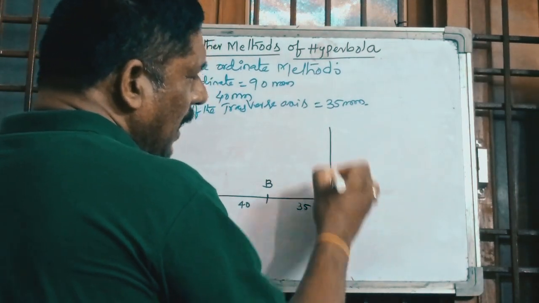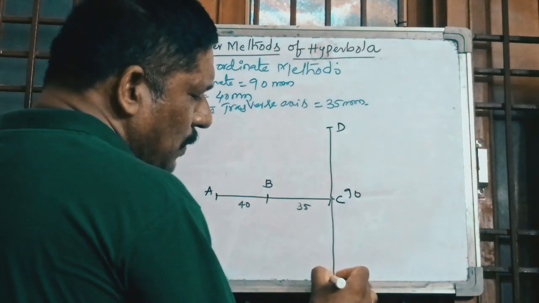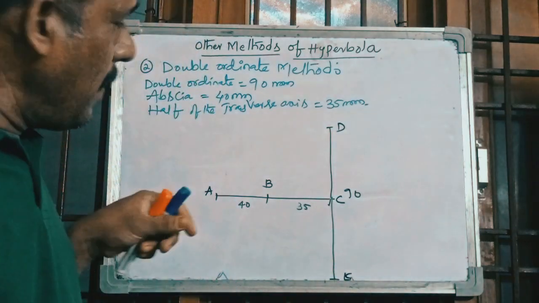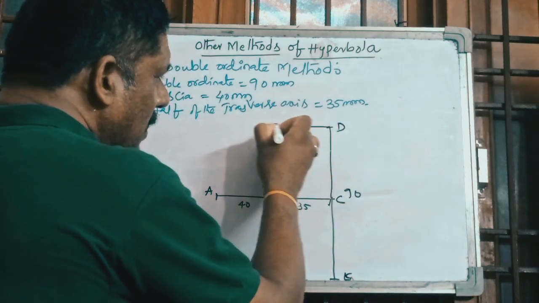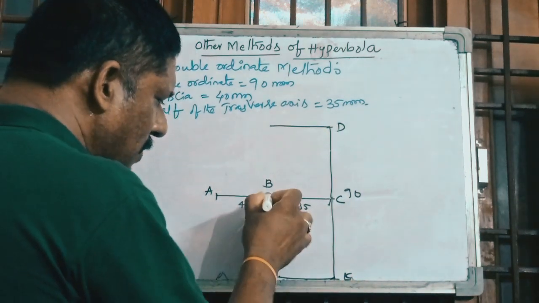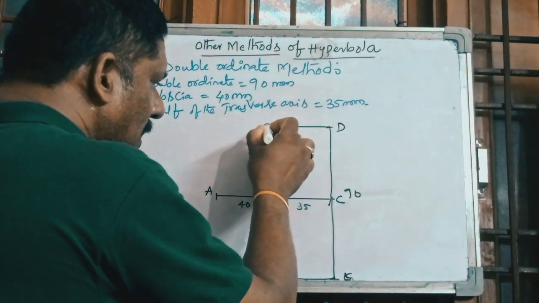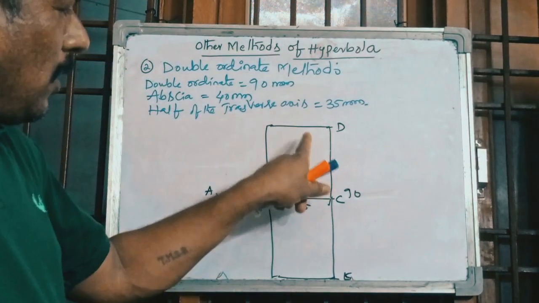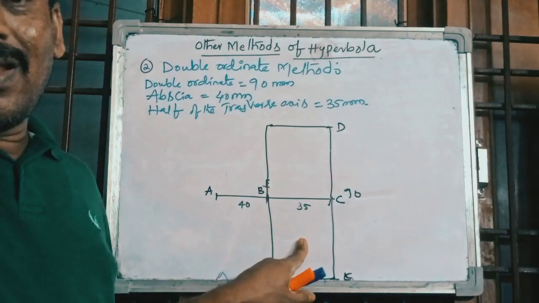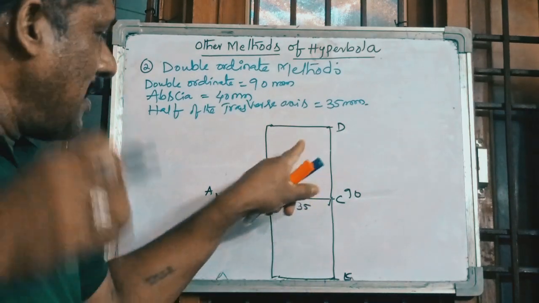So A, B, C, and this point is D, and this point is E. Now with this length, draw the parallel line from here, and from here draw the parallel line. So now you can construct two rectangular boxes. This is the double ordinate, that's why we are calling it the double ordinate.